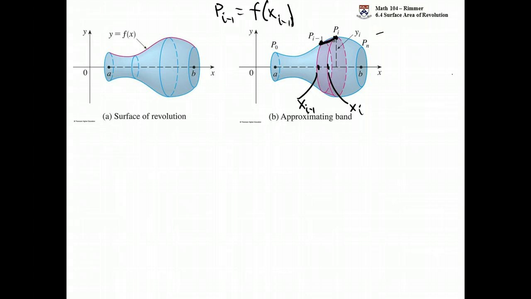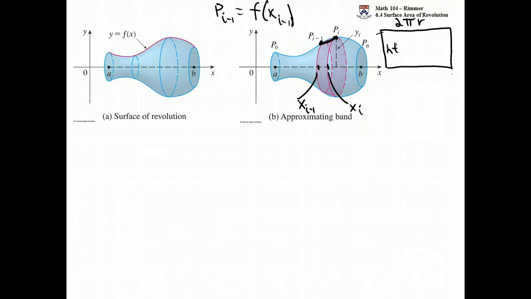And we're going to then take this band that's created and we're going to unroll it. And so we'll basically have a rectangle where one dimension will be the circumference, 2 pi r, and then the height is the other dimension.